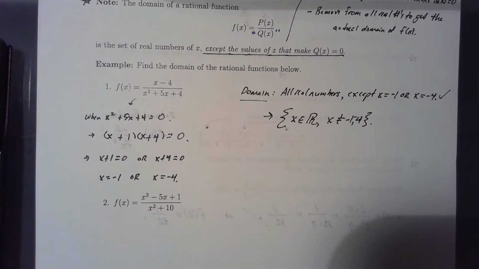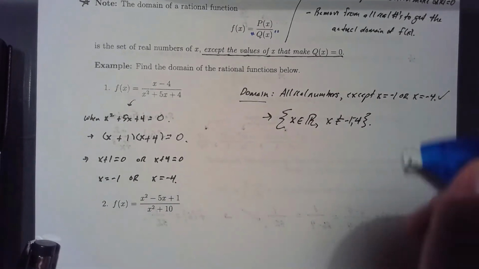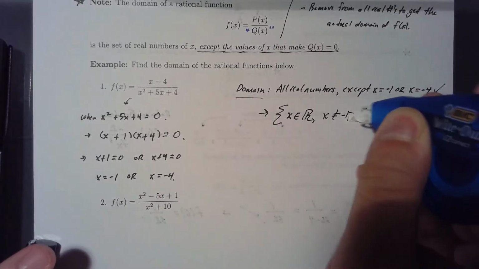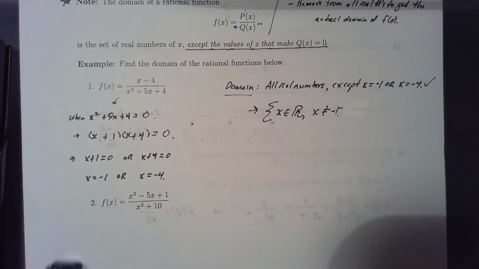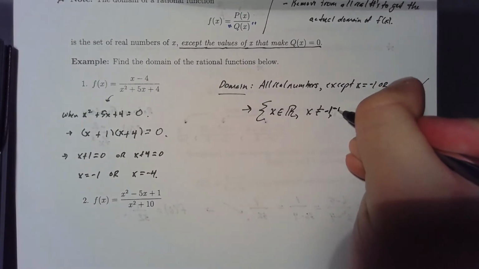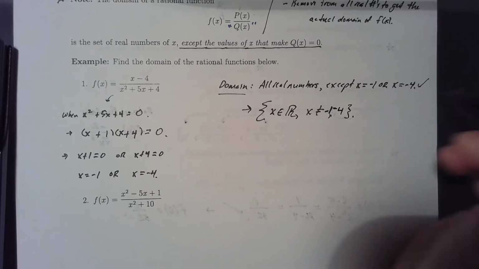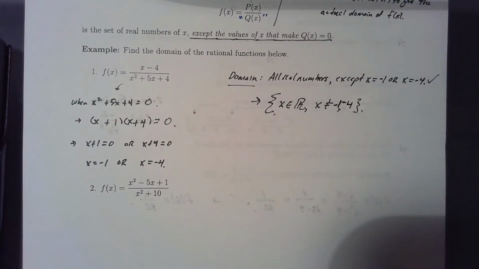So that's another way we could do it, illustrating the domain of a rational function. Let me extend this a little bit. It looks a little sloppy there. But you know, words is fine. That's perfectly okay.